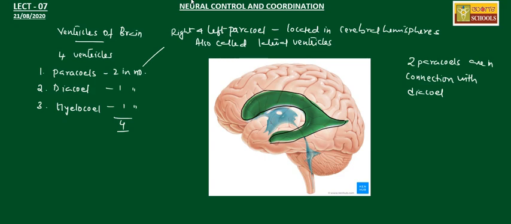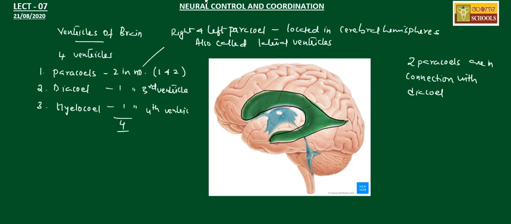Here you find the third ventricle. So this is the first and second ventricles. The diacoel is the third ventricle. We need to remember: the third ventricle means the diacoel, and the myelocoel means the fourth ventricle.